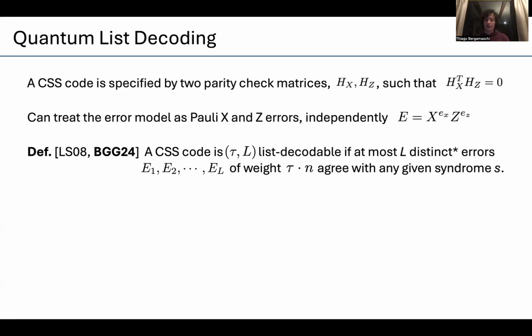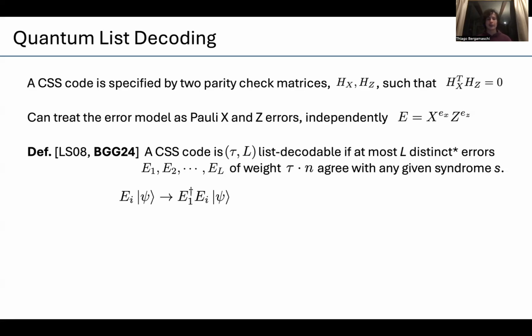And to understand why this definition is useful, suppose we're given some code state psi, and we corrupt it with some error EI. Upon measuring the syndrome of this error, we can decode it to a list of candidates, E1 through EL. Naturally, we won't know which one of these candidates the error is, but we can cycle through them in the following sense.